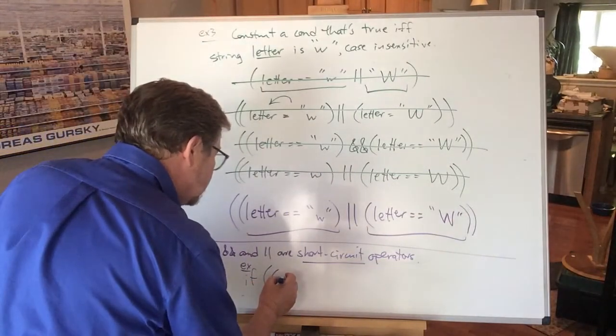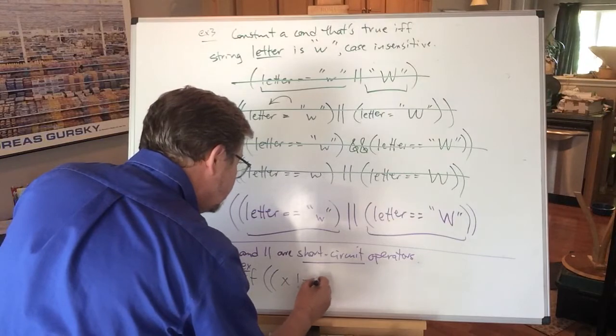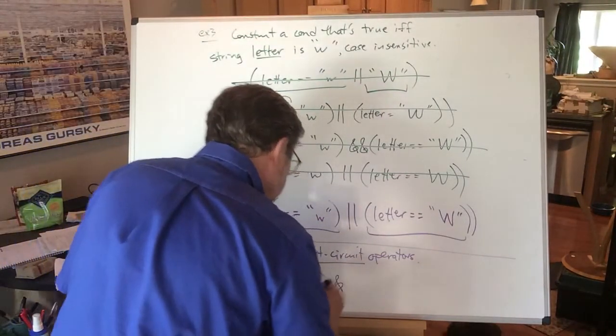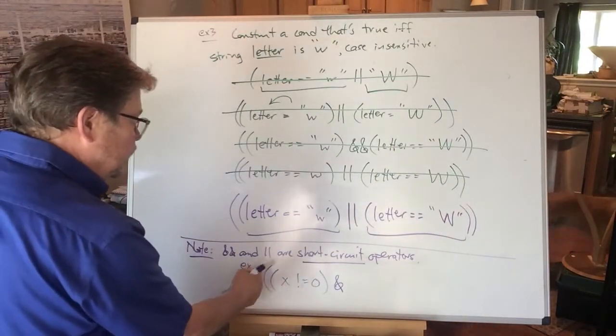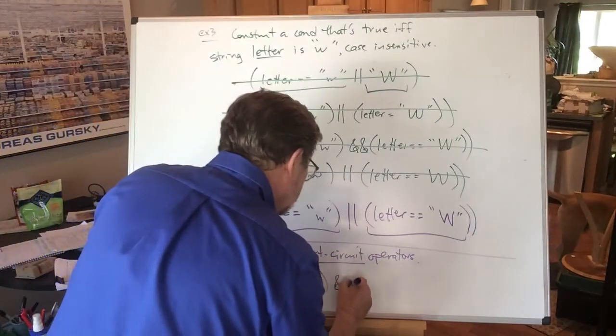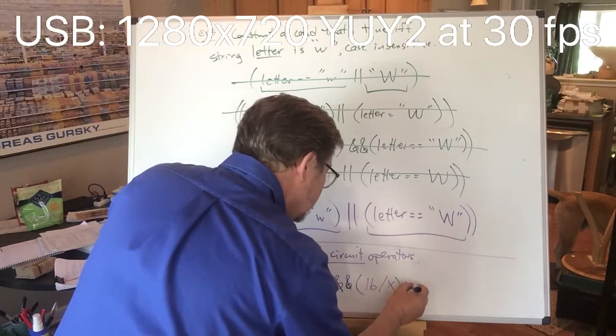If x is not equal to 0, I can't even read what I'm writing. If (x != 0) && (16 / x > 9).